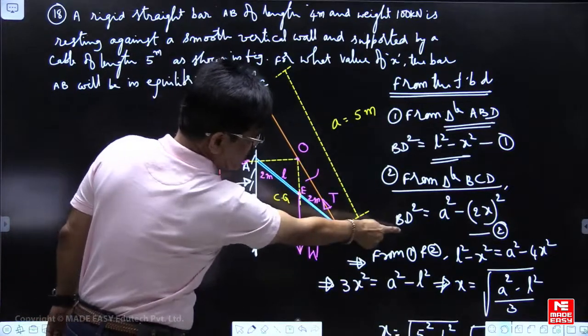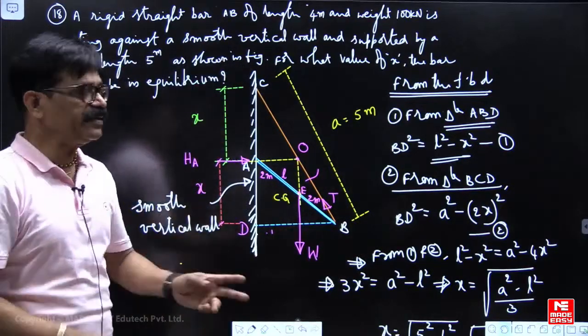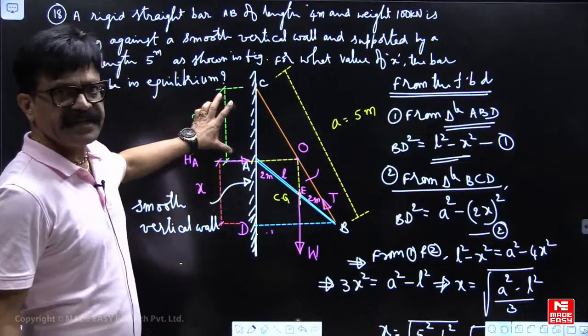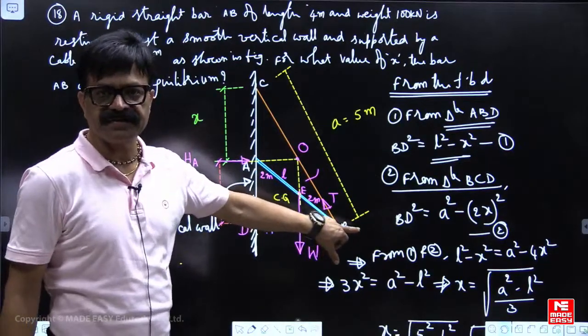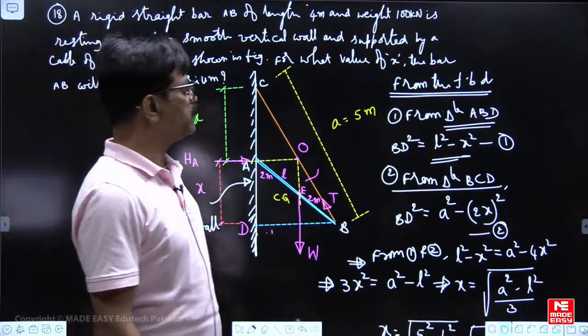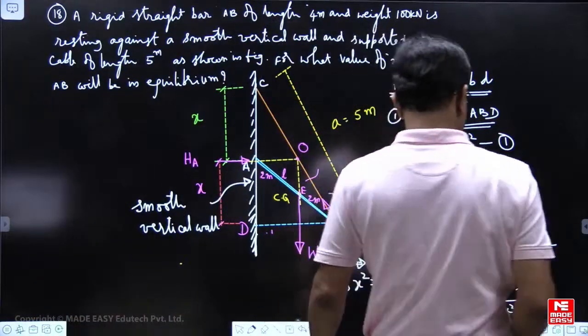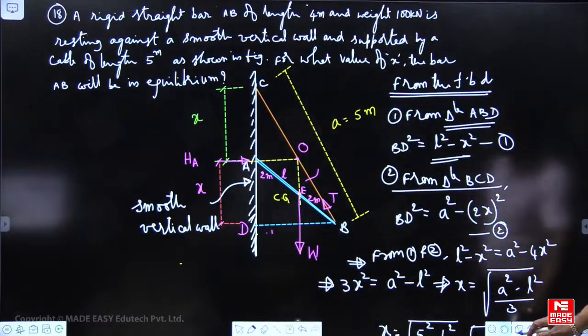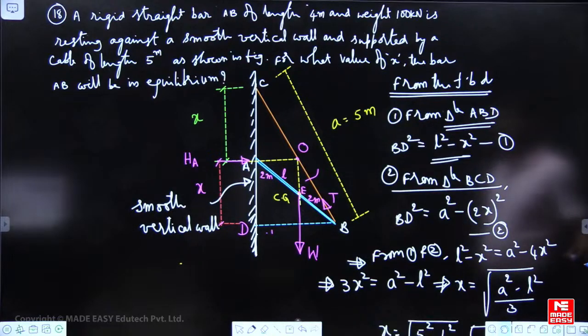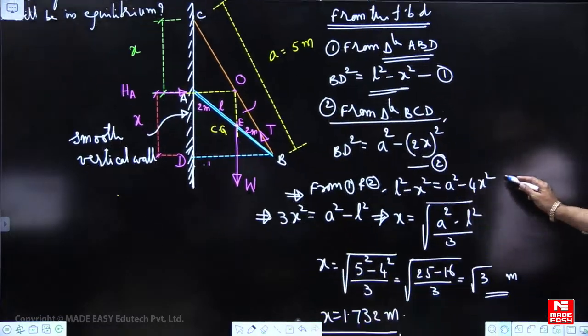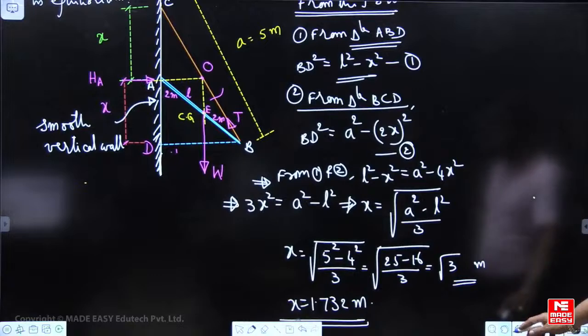So from those two triangles you will get the relationship between length of the cable and this length of the bar. So you substitute, you will get that value. So this is the process.